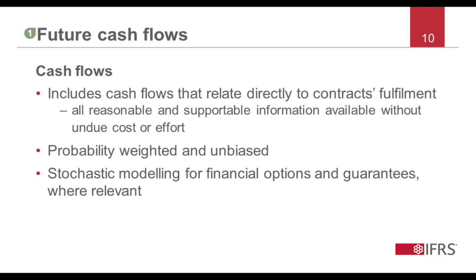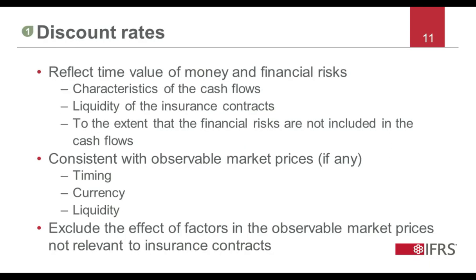How do you bring the unbiased probability weighted estimates into present value terms? This is done by applying a discount rate. The cash flows are discounted using rates that reflect the characteristics of the liability. The rates used are current, market-consistent rates.